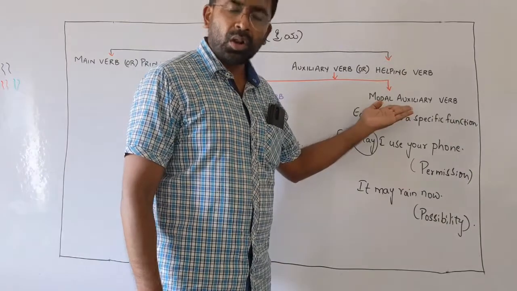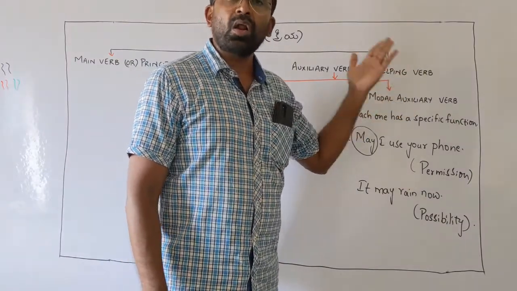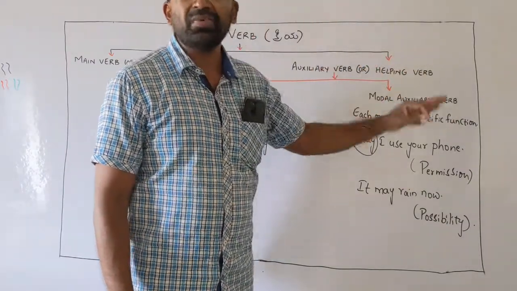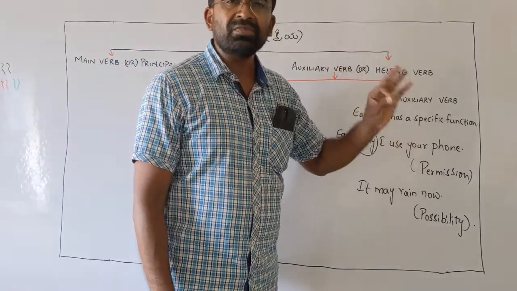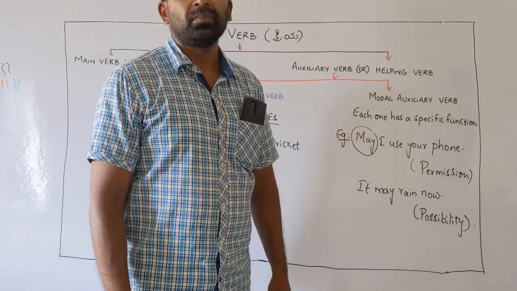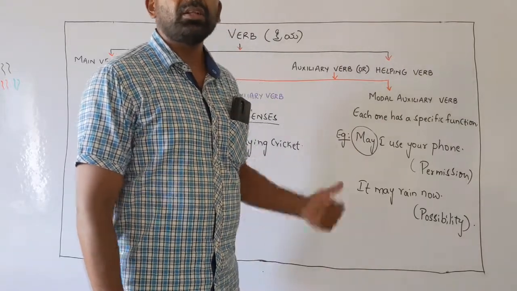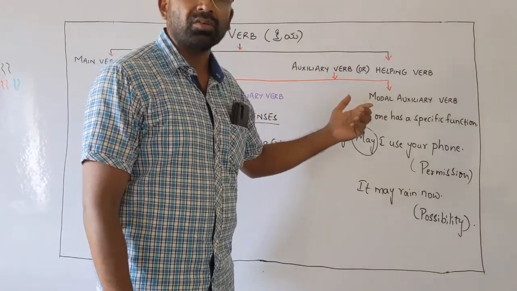And each modal auxiliary verb has a specific function. So this is the difference between the primary auxiliary verb and the modal auxiliary verb.